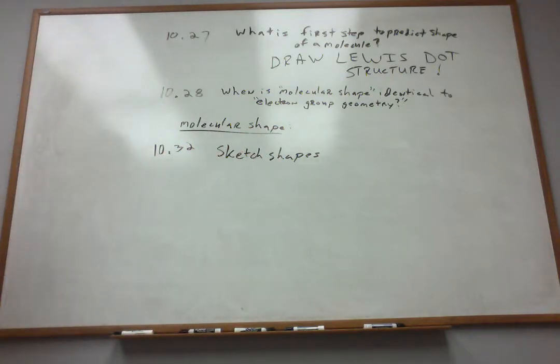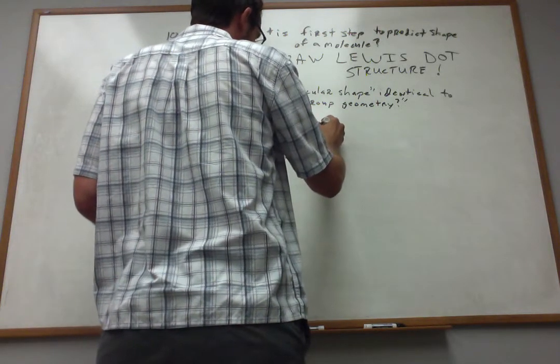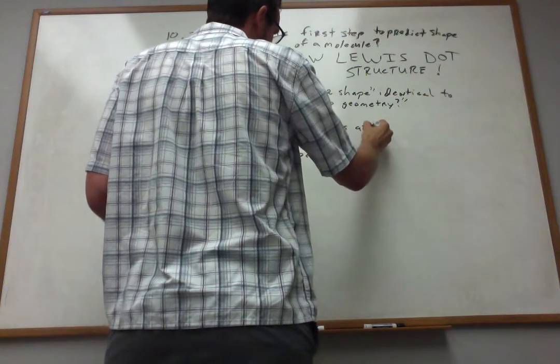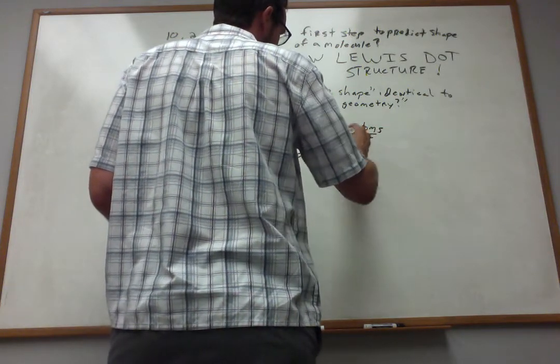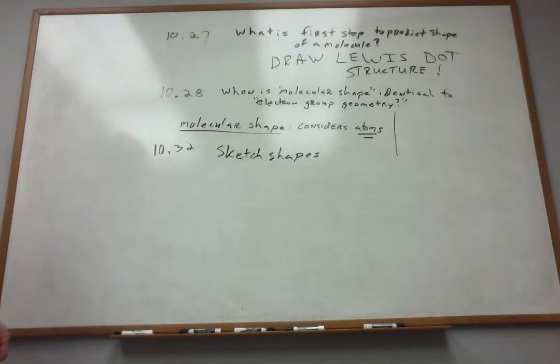Molecular shape or molecular geometry considers the arrangement of the atoms. Where are the atoms placed relative to one another, and what shape results in the molecule?